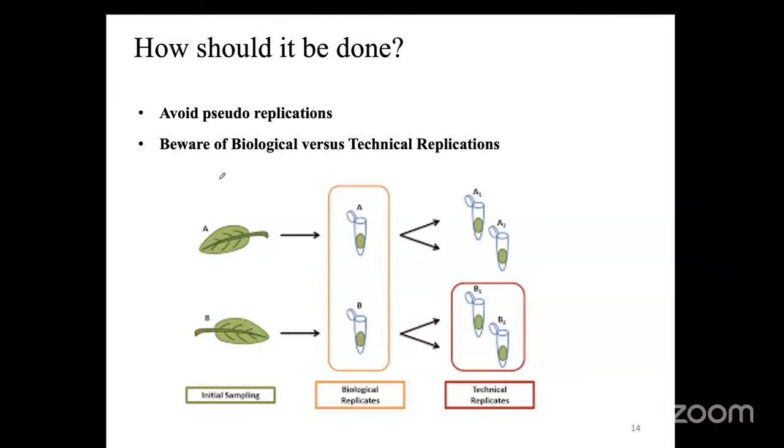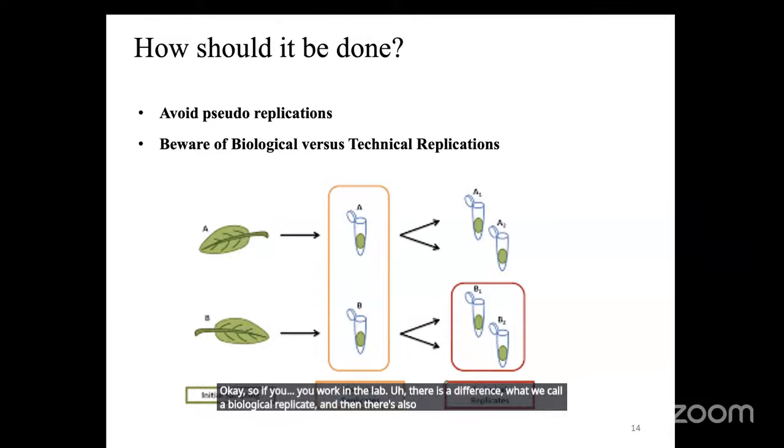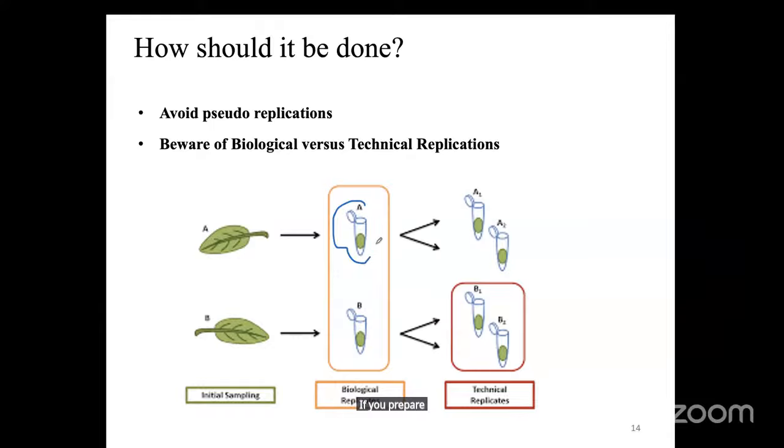Okay, so if you work in the lab, there is what we call a biological replicate, and then there's also what we call a technical replicate. So in the lab, always, you don't run a sample only once. In most cases, if you prepare a sample from leaf A, you can break it up into A1, A2.